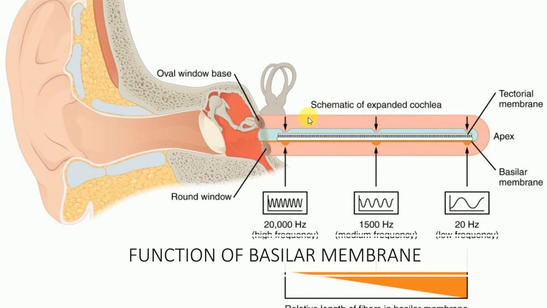Now we are going to go through it. Once the fluid-filled vibrations enter the scala media, they can vibrate different areas of the basilar membrane. For example, this is the base, and a frequency of 20,000 Hz can vibrate the base. This is the apex of the basilar membrane, and a frequency of 20 Hz can vibrate this.